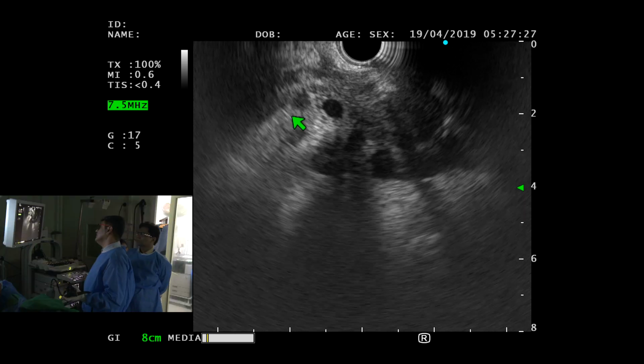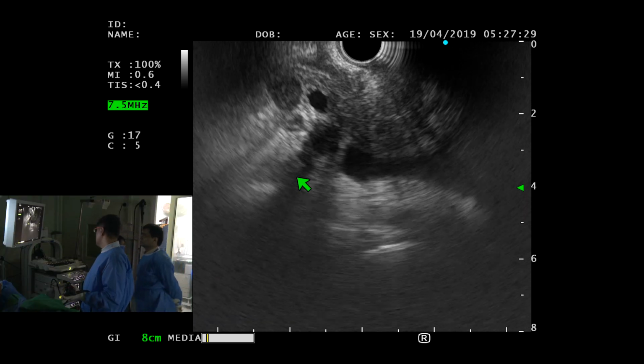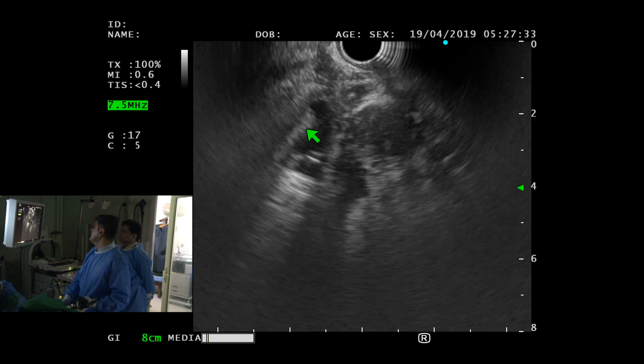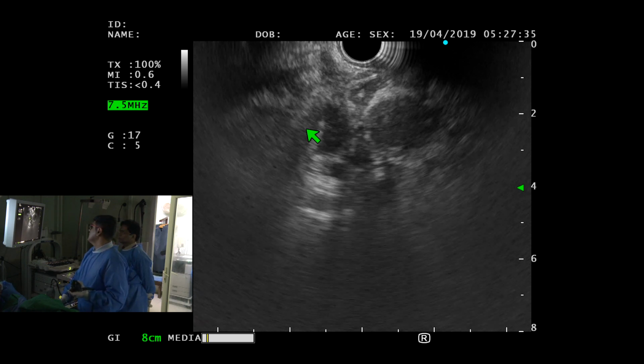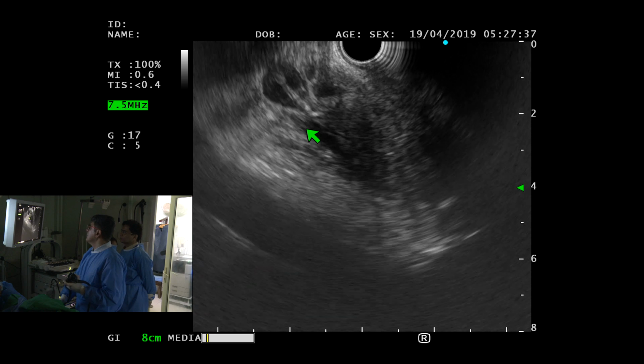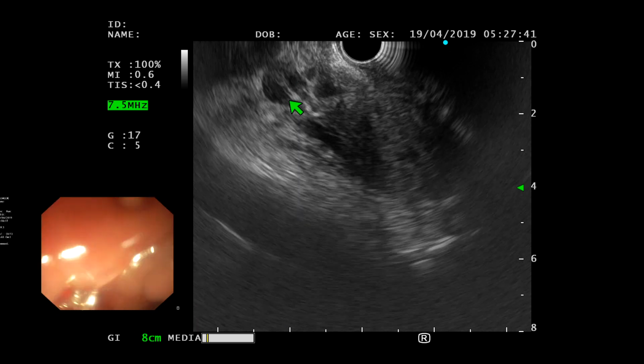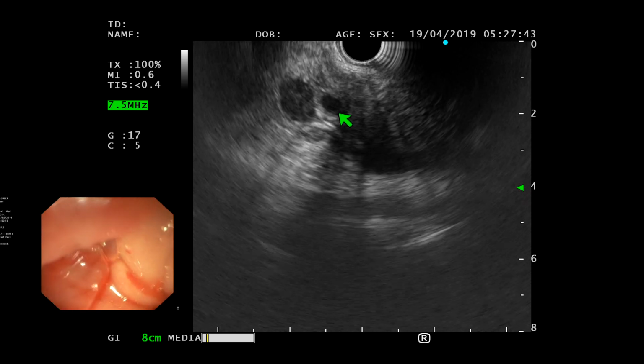And so that, I think, is the bile duct which is completely filled. That's the hepatic artery there.